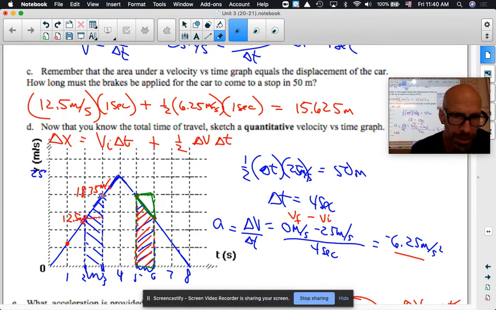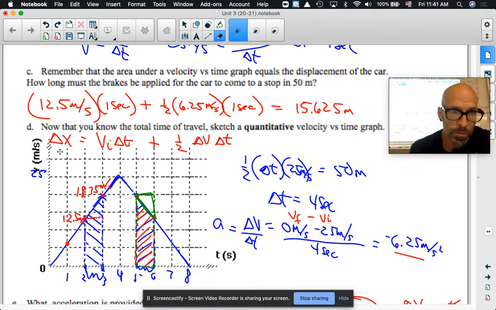So that is a height of 6.25 meters per second and a width of 1 second for the area of the triangle. And so that's 1/2 times, again, the base of the triangle is 1 second, and the height of the triangle is 6.25 meters per second. And so that combined, the 15.625 meters, that is the area of the whole thing, that whole trapezoid thing.